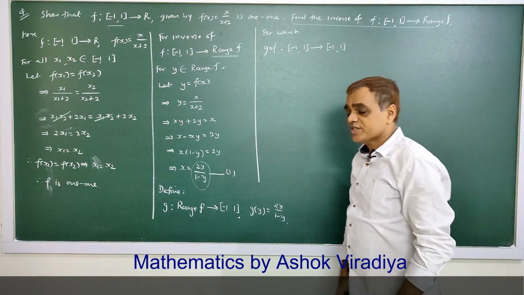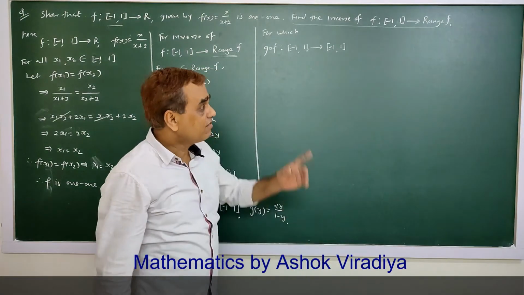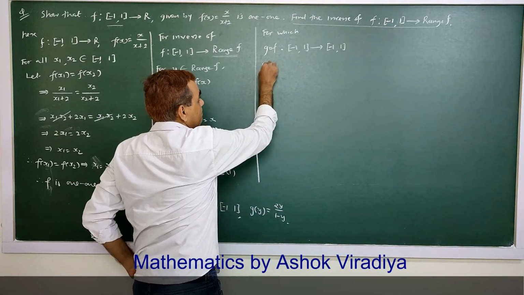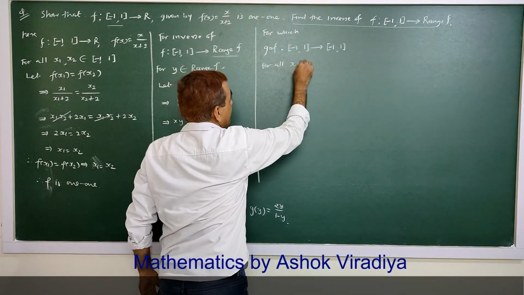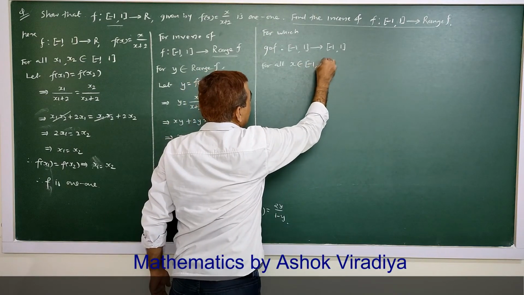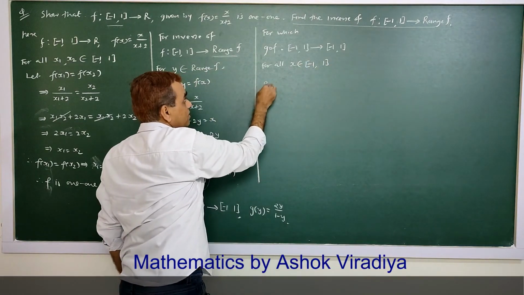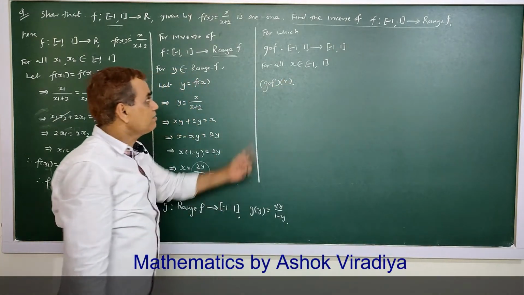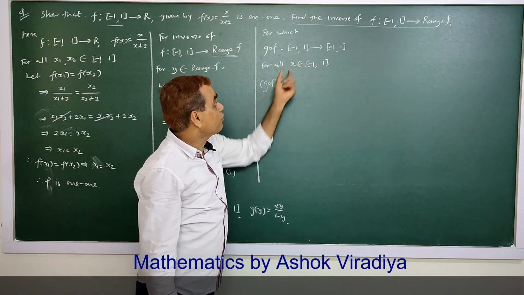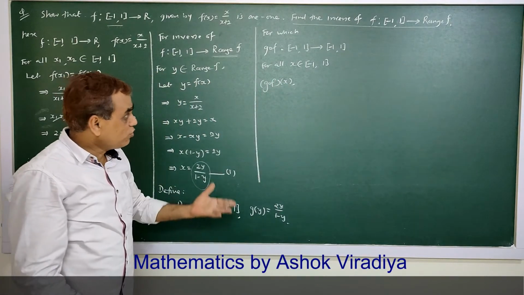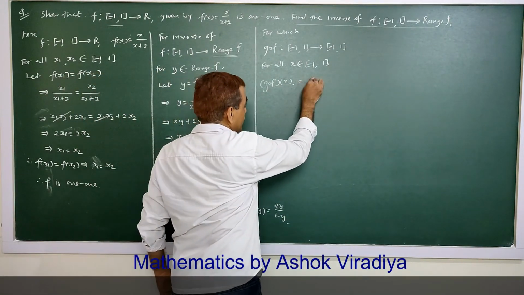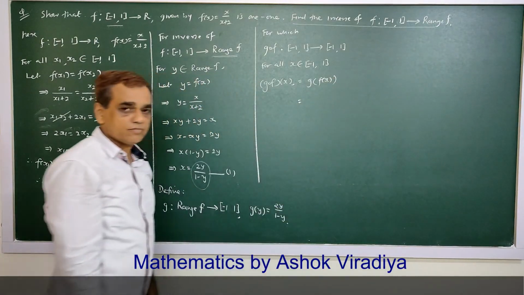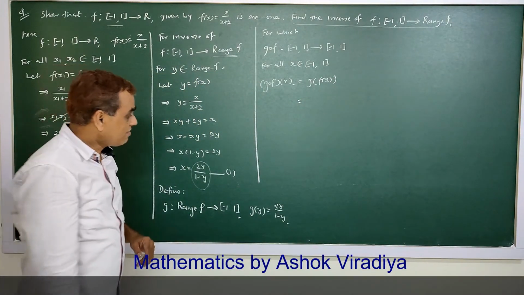So this composite function will work for elements of this set. So for all x belonging to -1 to 1, when g∘f works on x, in this machine I am putting an element from the domain. g∘f of x is equal to g of f(x).